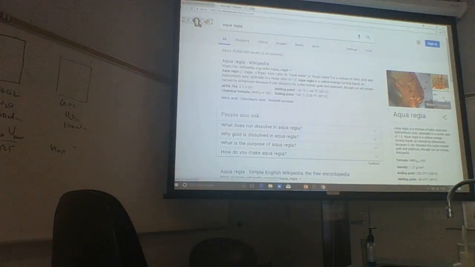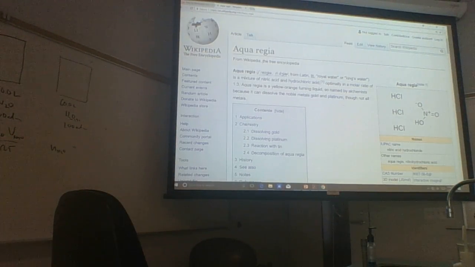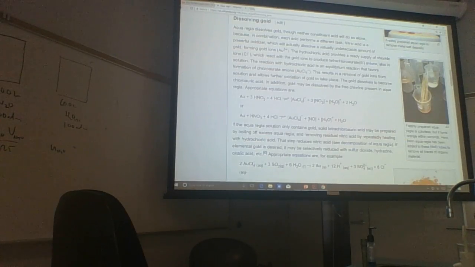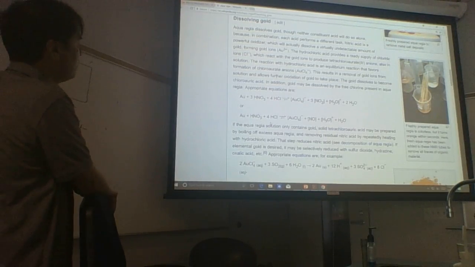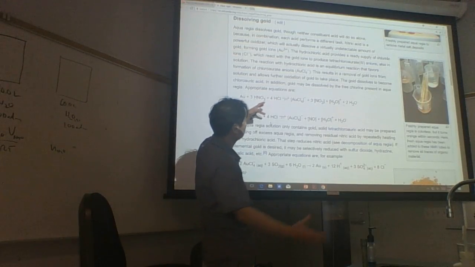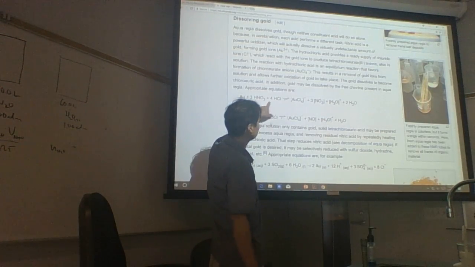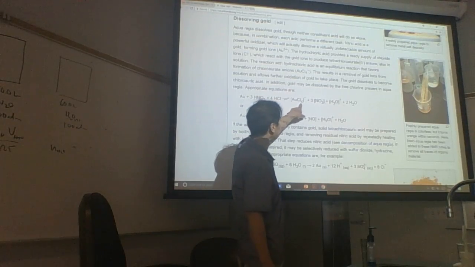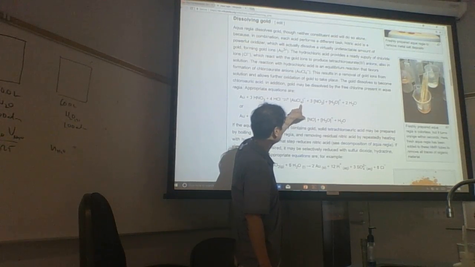This would be a little more advanced. This is trying to use chemical reactions to dissolve things that aren't so soluble. Gold's not soluble. Aqua regia dissolves gold. So the nitric acid does the oxidizing. What they did was they combined it, and then the chloride attacks the gold 3 ions to make this thing called tetrachloroaurate.